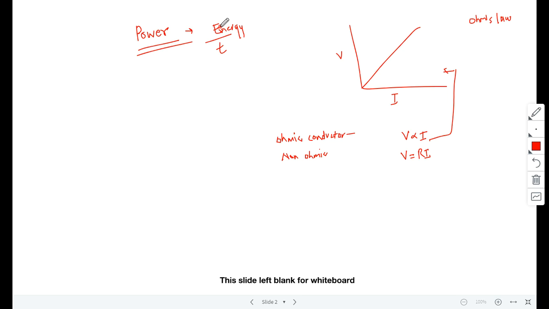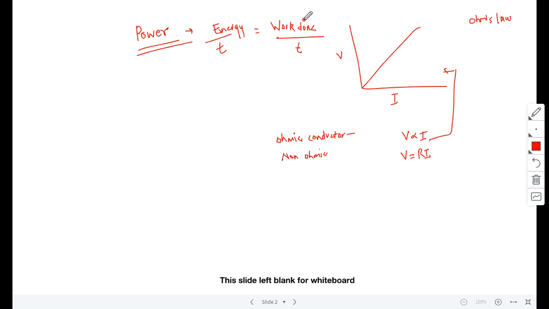It's the same. Without energy, it's not possible to do any work. So whatever energy is transferred is due to the work done. So work done over time or energy over time is the same. Both have the same unit, joules.